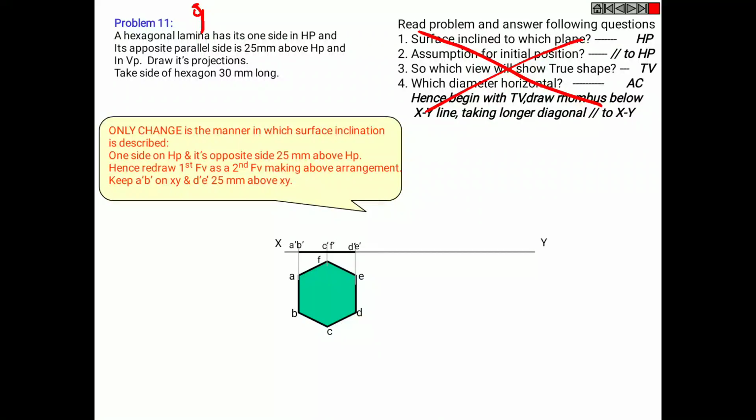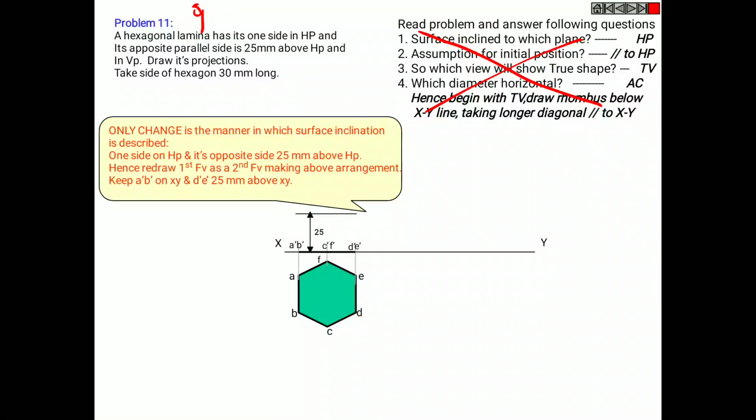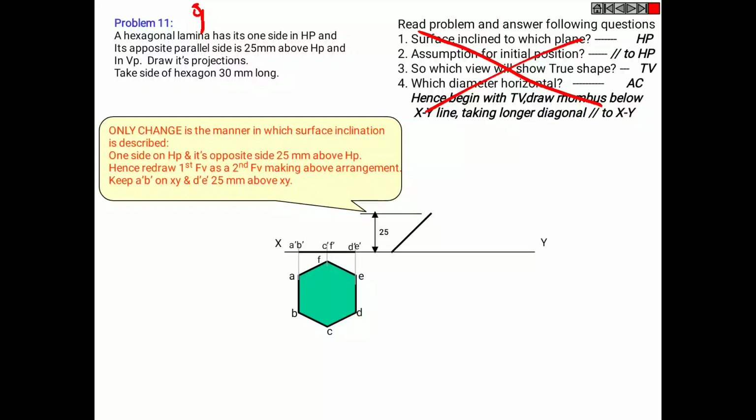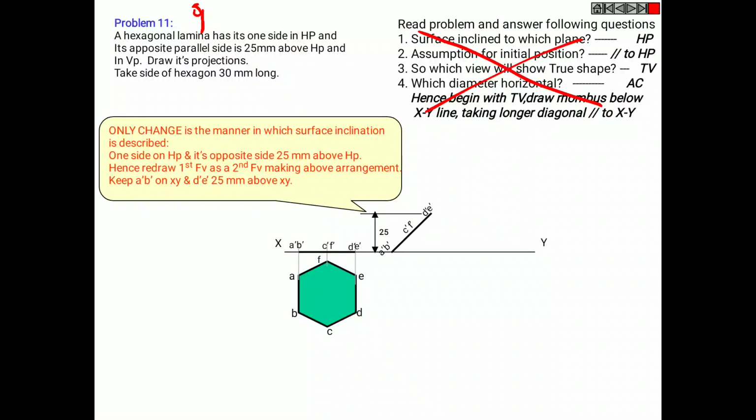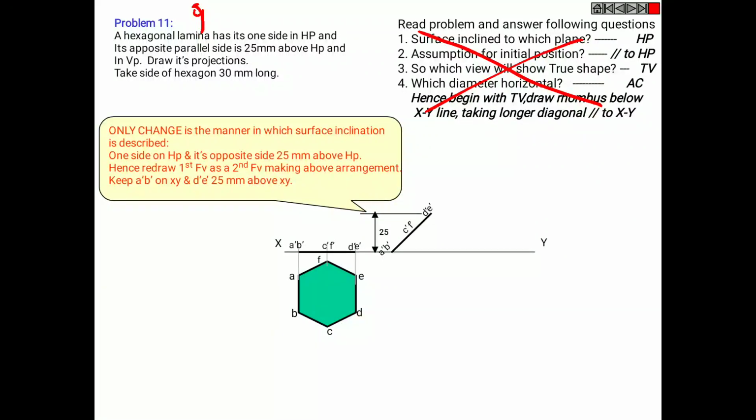So keep A dash B dash on XY and D dash E dash 25 mm above XY. See, in this case A dash B dash remains on XY and D dash E dash will be above XY by about 25 mm, and mark the respective points as in the first case.